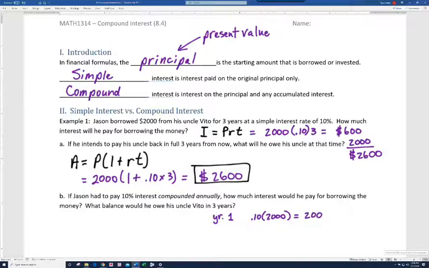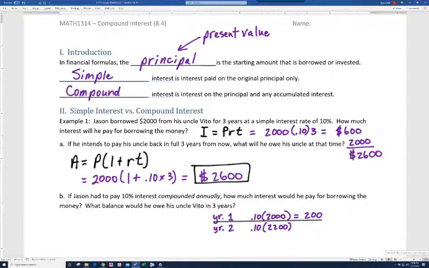Since the interest is compounded each year, that $200 is applied to the balance of the loan. And so in year 2, Jason's going to have to pay 10% of $2,200, the $2,000 that he originally borrowed, plus the interest from the first year.